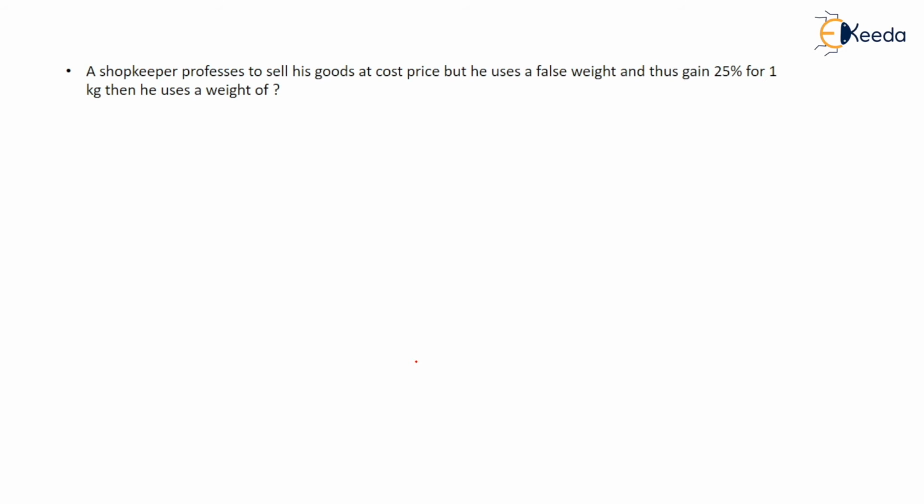For this type of question, there is a direct formula that you can use: false weight equals 1 plus profit percentage upon 100, equal to true weight.